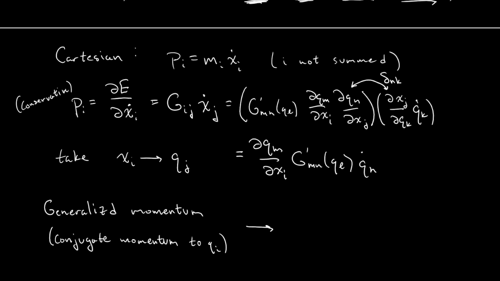And that's given by p_i is equal to g_ij(q) q dot j, where now I'm back to using the summation convention.